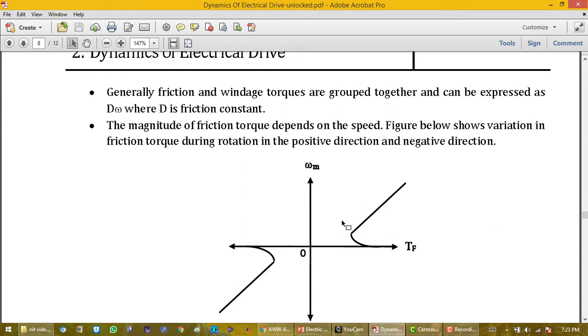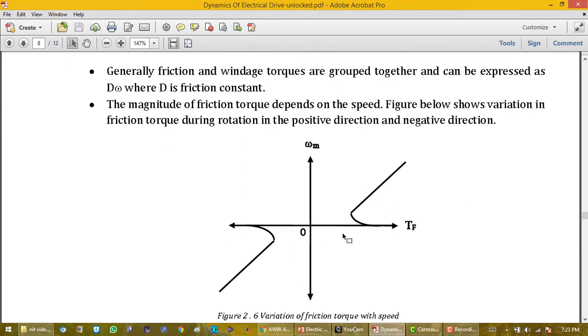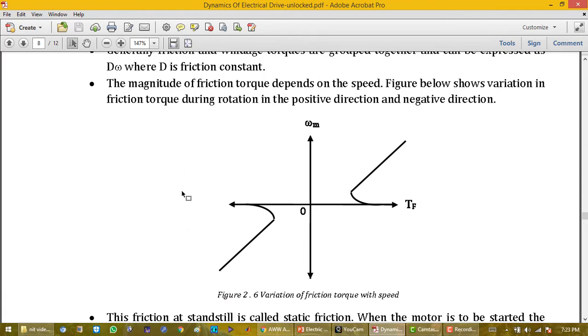Now if we show the variation of friction torque with speed, it will be like this figure. This is the variation of speed. This is in the positive direction and this one is in the negative direction.